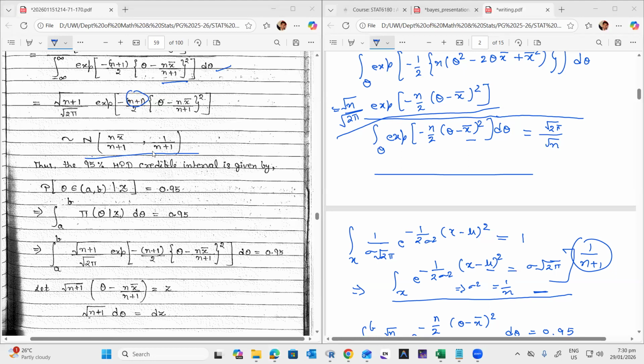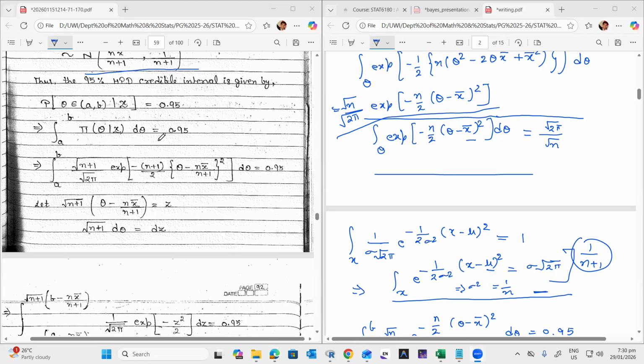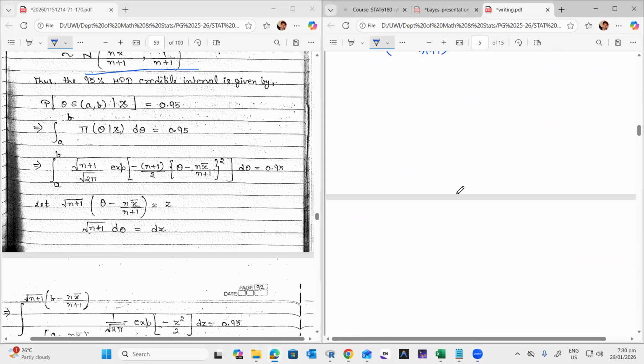Okay. So now again we will use the same procedure that we used earlier. We will find out the posterior density function, the integral over the range of a to b of this density, and that should be put equal to 0.95.